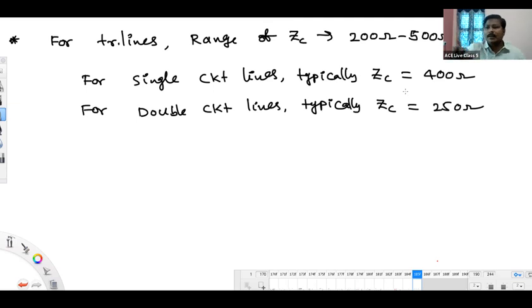To get some answer for that, we are discussing these things. I think all of you know about single circuit lines and double circuit lines. We discussed them long back in inductance and capacitance calculations. Yes, good.